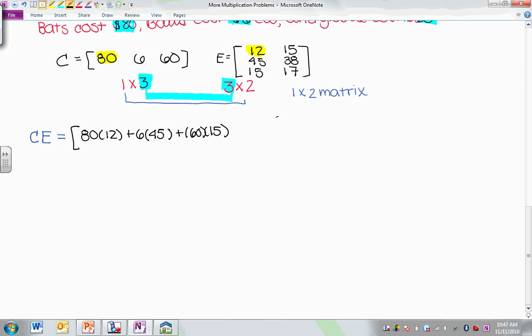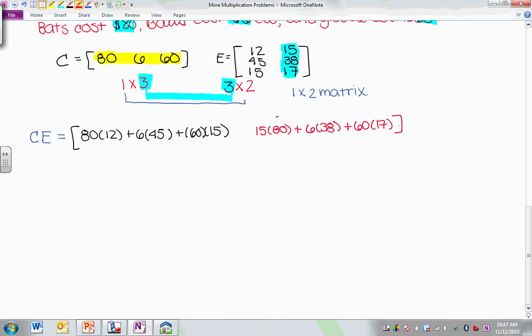Okay, the second entry is going to be this row in C, the cost matrix, times the second column, which is the Blue Jays stuff. So we've got 15 times 80 plus 6 times 38 plus 60 times 17.